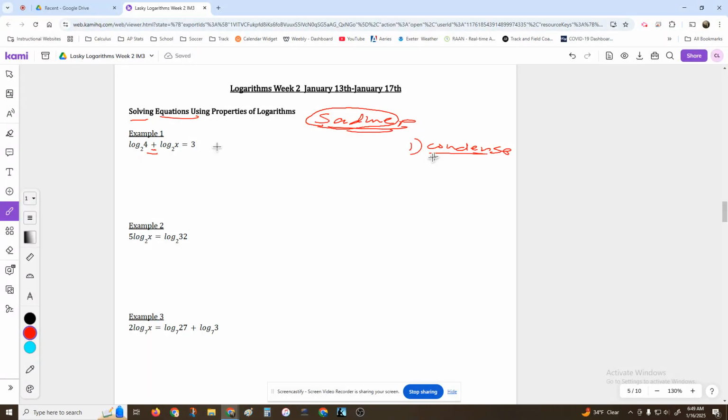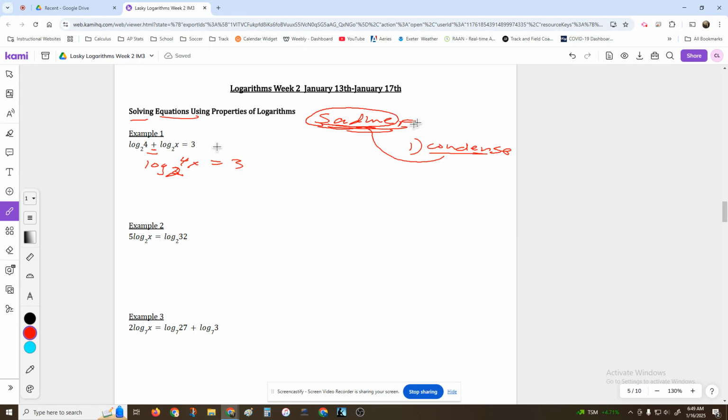And so this condensed part is going to be these first 3. And so what we end up with is we're adding here. So in our properties from above, we know that when we add logarithms, we multiply the arguments. We get log base 2 of 4 times x equals 3. That's a 2, by the way, guys. And then now I've condensed and I did my add and subtract.